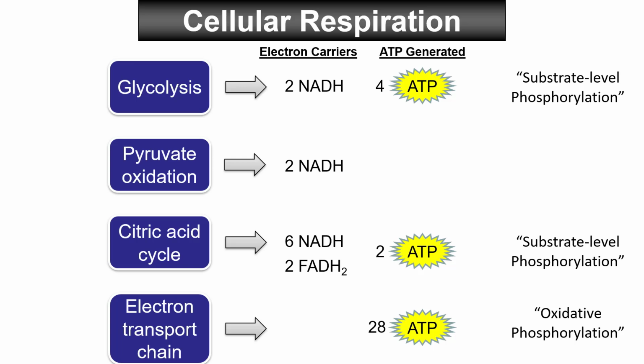So during glycolysis and the citric acid cycle, this happens through substrate-level phosphorylation. And all that means is that the phosphate group was transferred from one of the molecules in cellular respiration to ADP so that ADP becomes ATP.